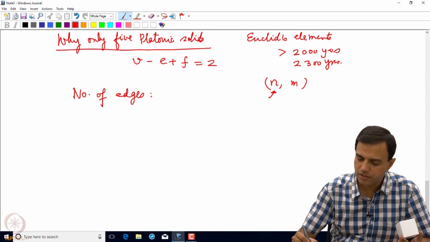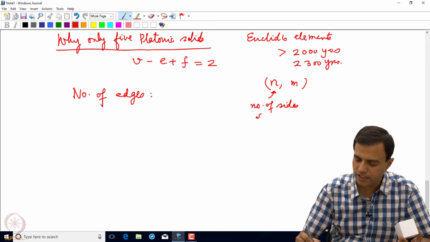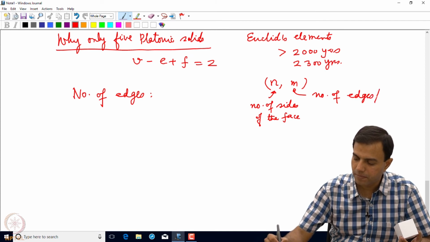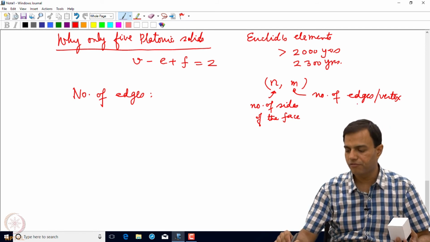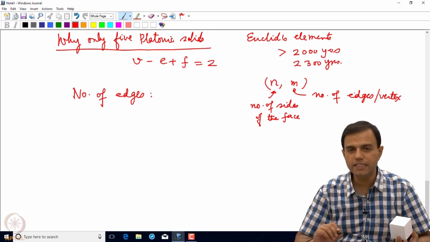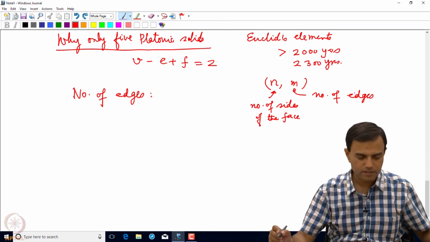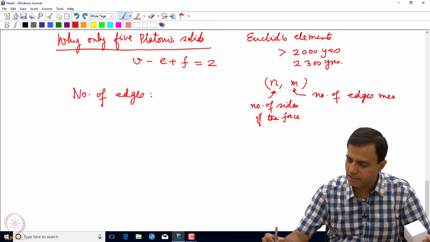N was the number of sides of the face, and m was the number of edges meeting at a vertex.